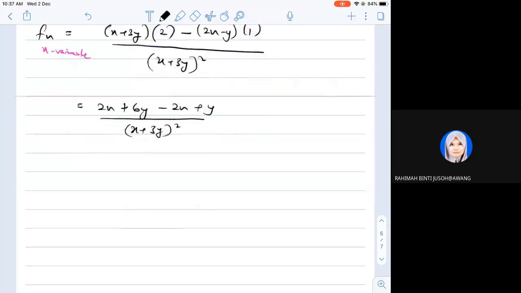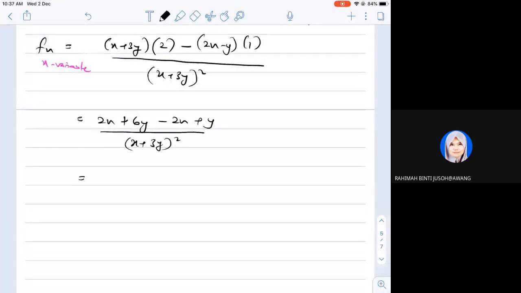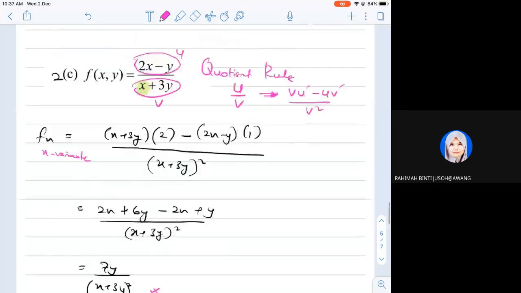So the answer, the 2x cancels out, so it becomes 7y over x plus 3y squared. Like that. So that's it. Okay, next fy.